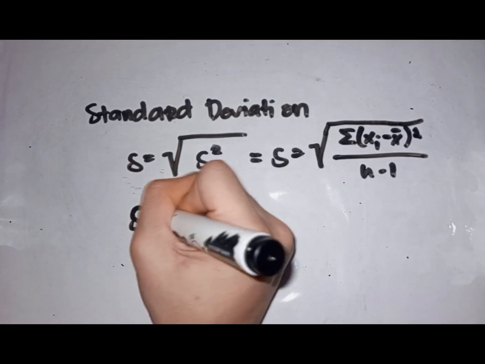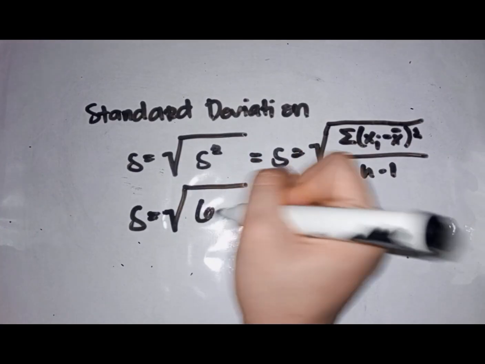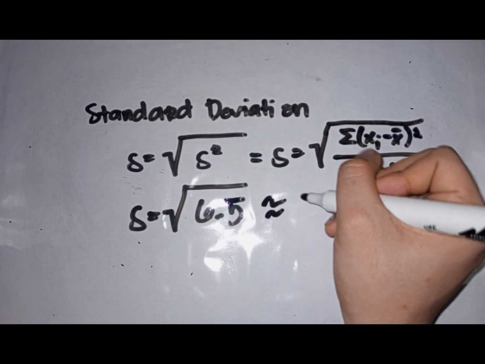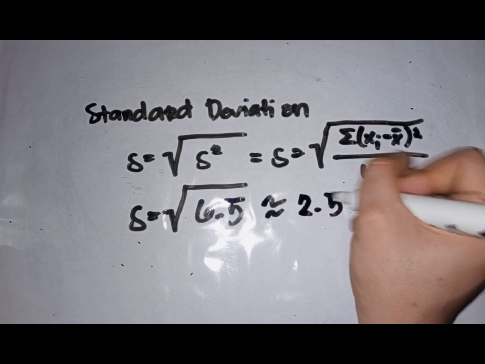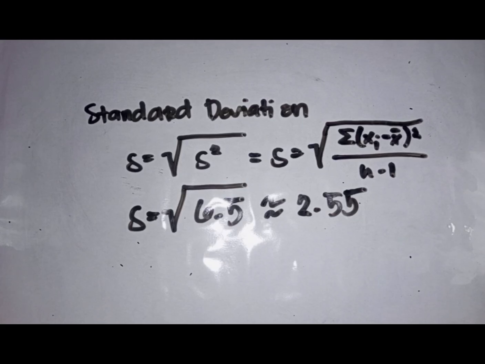Okay, so S equals the square root of 6.5, which is approximately 2.55. So our standard deviation is approximately 2.55 degrees Celsius. This means that on average, a day's temperature deviates from the mean temperature of 22 degrees Celsius by about 2.55 degrees Celsius.